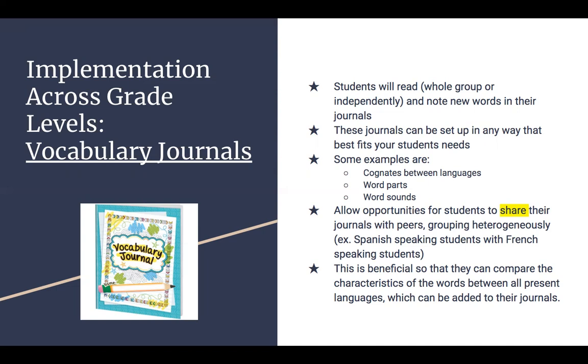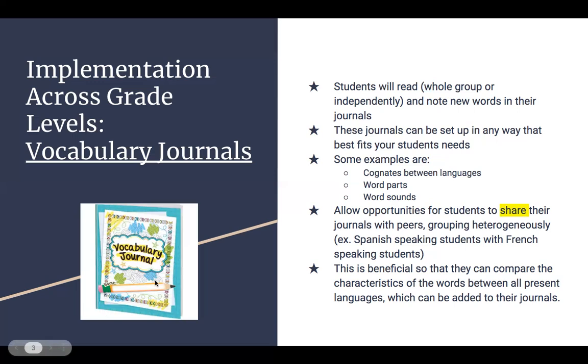My home language is Spanish, and I'm speaking with a student, like I said, that speaks French. I'm now able to have a third language to compare this word in. So I'm looking at it in Spanish, English, and French as well, which is something I probably wouldn't have been able to do without my peer.